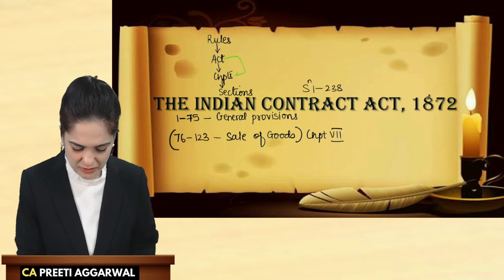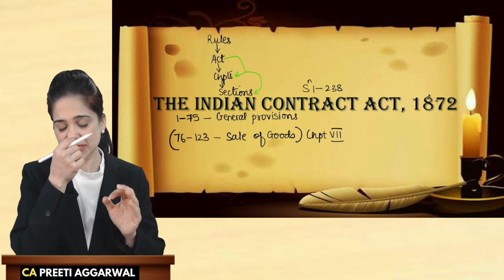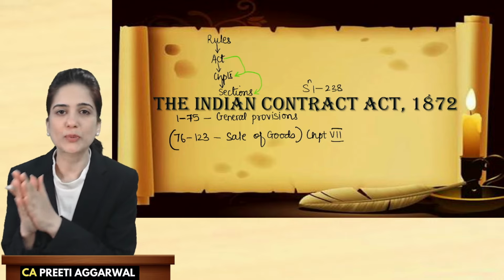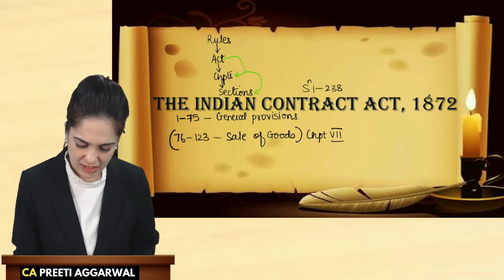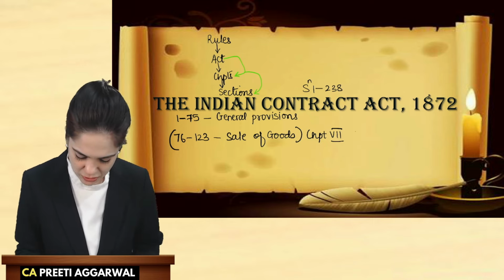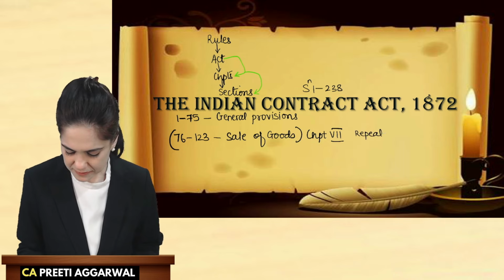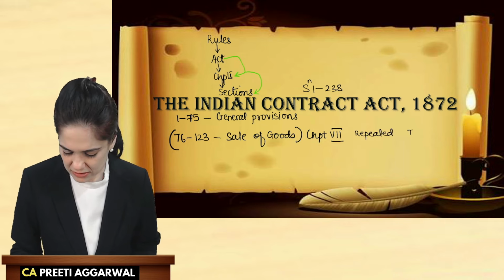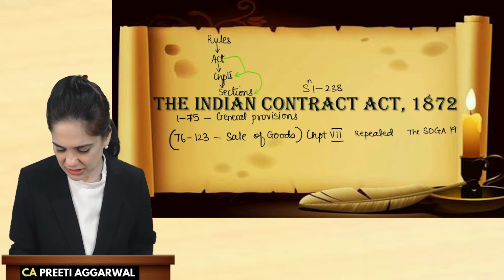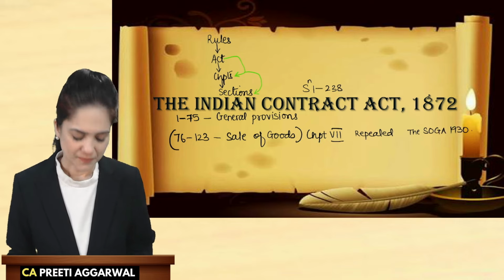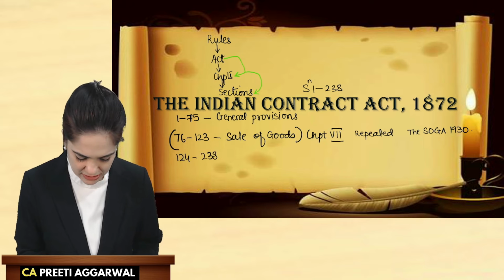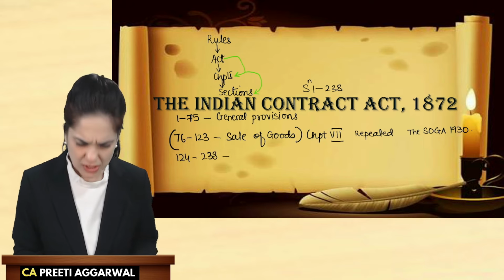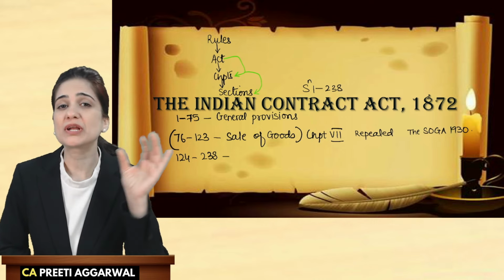So the entire chapter 7, which consisted of section 76 to 123, was repealed. Okay, so this was repealed, and the Sale of Goods Act 1930 was formed.